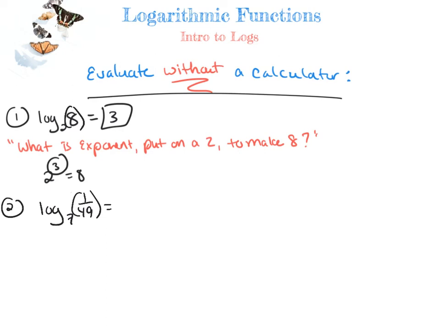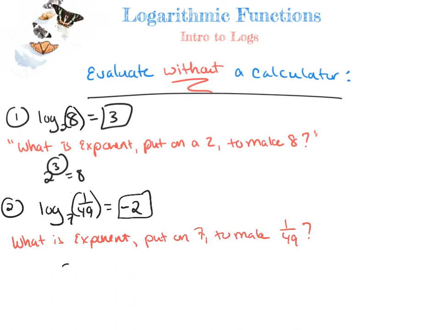So again, this is asking what is the log or what is the exponent that we put on a 7 to make it 1 over 49. Okay, well obviously 7 to the 2 makes it 49, and a negative would make it a fraction, 1 over 49. So whatever the exponent is our answer.